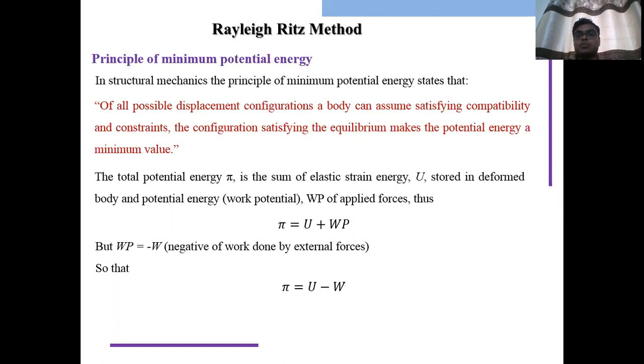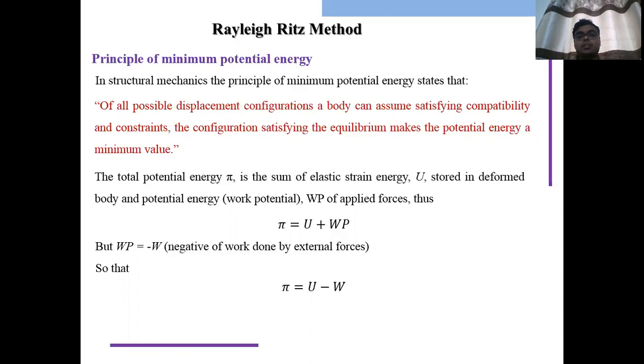In simple language, the total potential energy of a particular element or structure will be a minimum value. And for any minimum value, the differentiation will be zero.